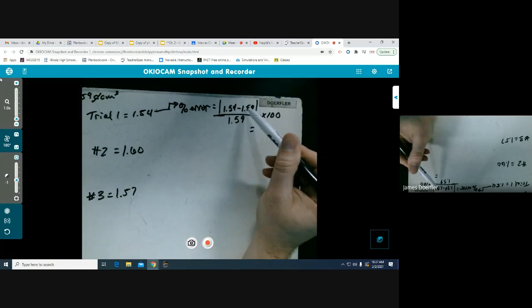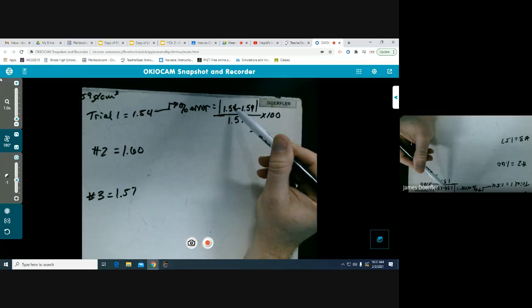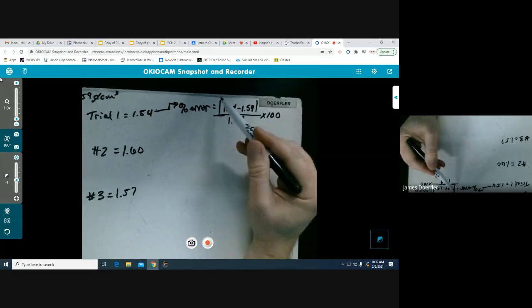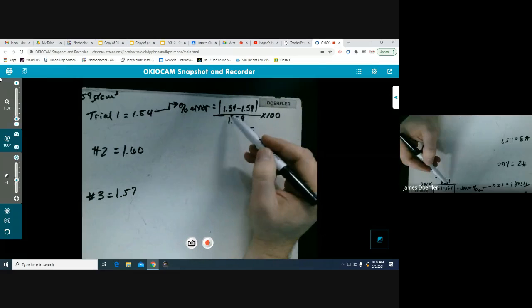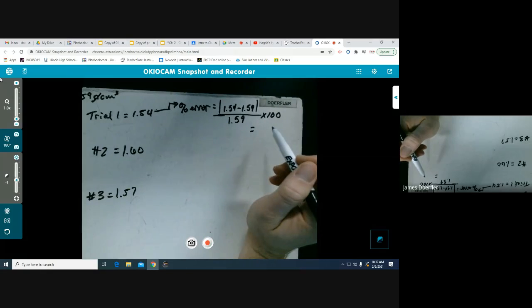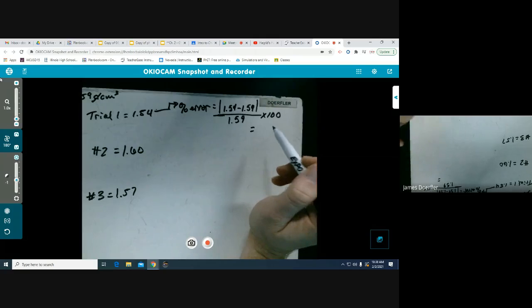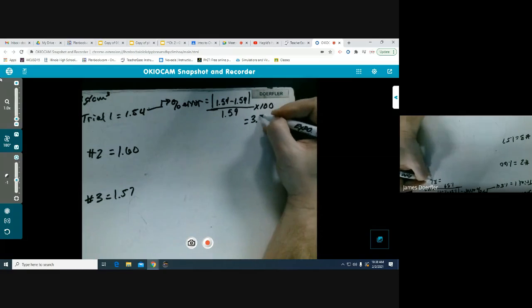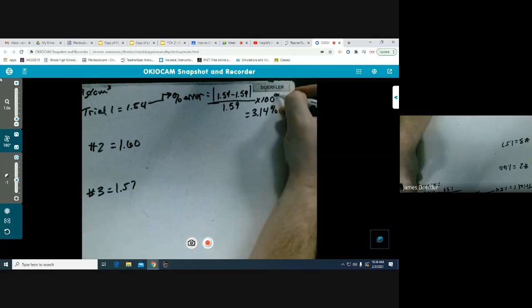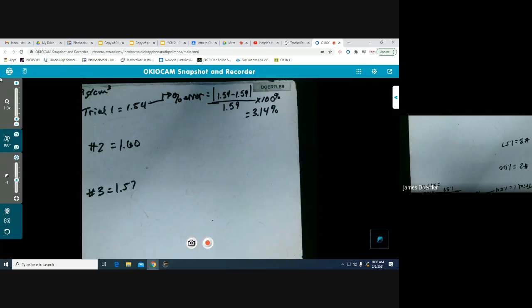And again, you're obviously subtracting a larger number from a smaller number, so you're going to have a negative sign here, but it doesn't matter. Okay? So you have the absolute value in here. Divided by 1.59 times 100. And you can just put percent if you want to. That's what the 100 does. If you want to put percent right next to 100, that's fine. So your percent error for trial 1 was 3.14%.